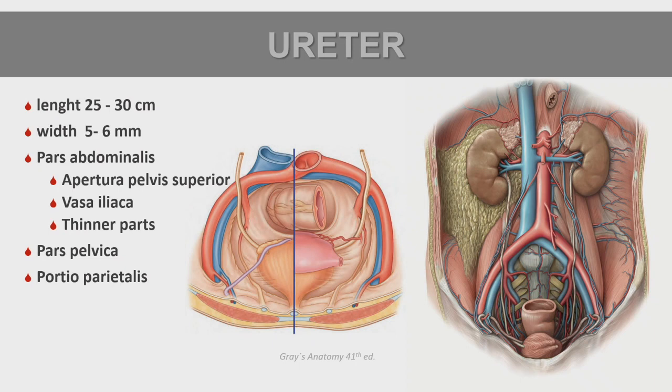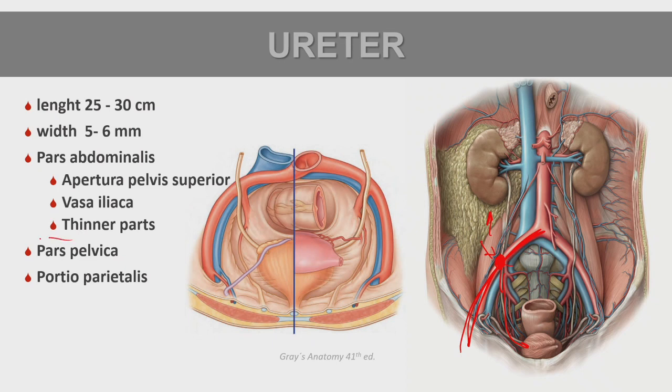The ureter takes two parts. The borderline between them is here. We know that the borderline between pelvis and abdomen is the line of iliac arteries and veins. The superior part of the ureter is called abdominal, and it is going to the apertura pelvis superior, then it is crossing here the arteries and veins, and then it is entering the pelvis, going medially, and it is opened to the urinary bladder.